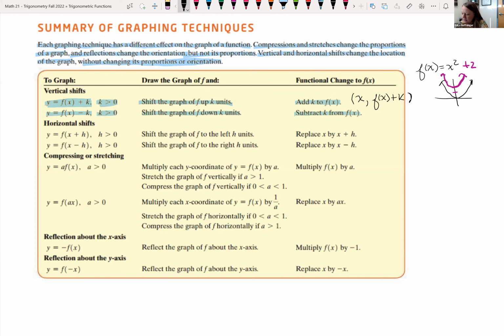So in this case, a point that was on the graph before, x, f of x, is going to become x, f of x minus k. So if we subtracted 2, that would just shift that parabola down 2 units.